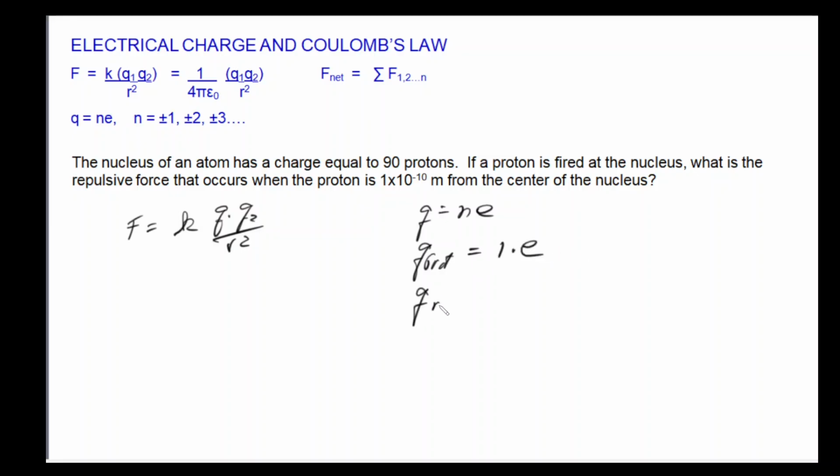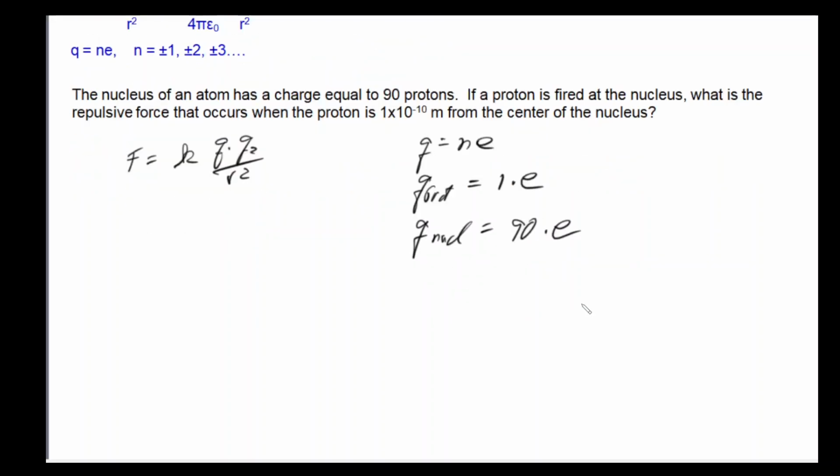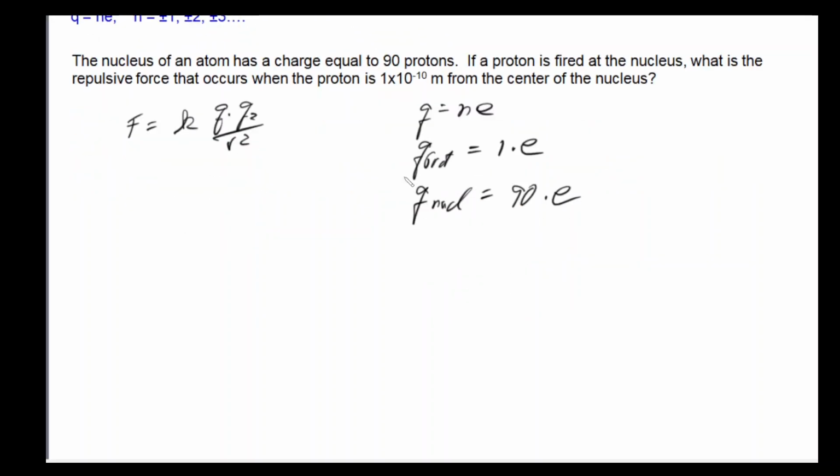And the charge of the nucleus is equal to 90 times the proton, so that's 90 times E. So if we plug that in to our equation, we get the force is equal to K, which is 8.99 times 10 to the 9th, times Q1, which we'll call the nucleus.